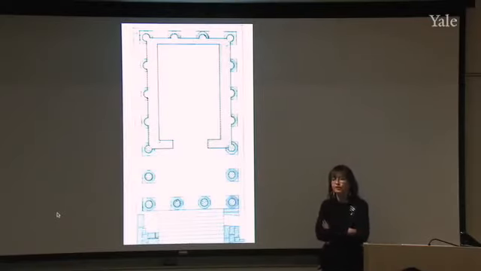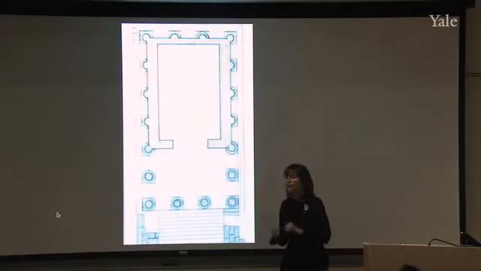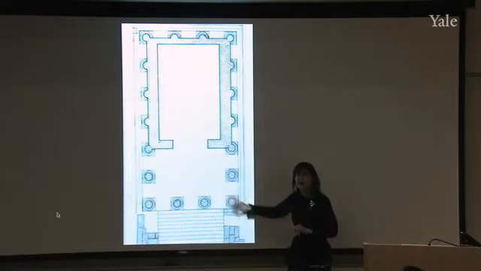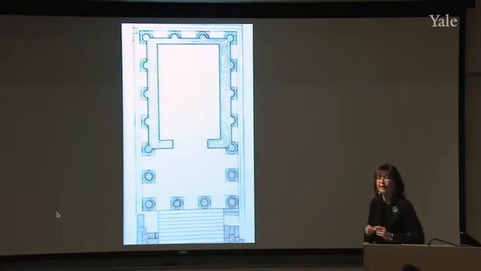Based on your understanding now of typical Etruscan religious architecture and typical Greek religious architecture, what would you say about this plan? Is this more like an Etruscan temple or more like a Greek temple?